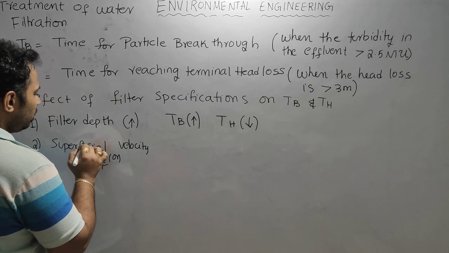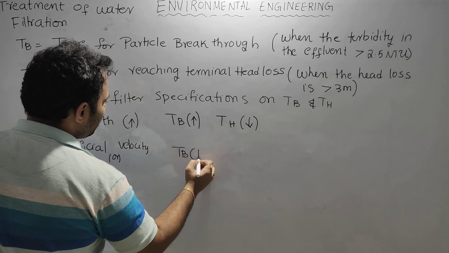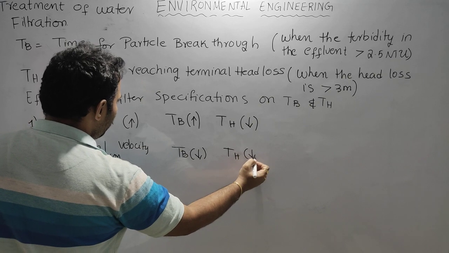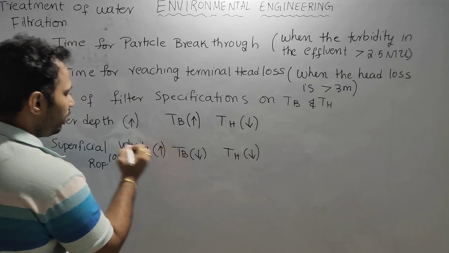Superficial velocity or ROF. So both TB and TH decrease when you increase the superficial velocity.